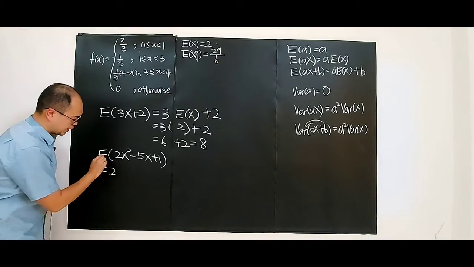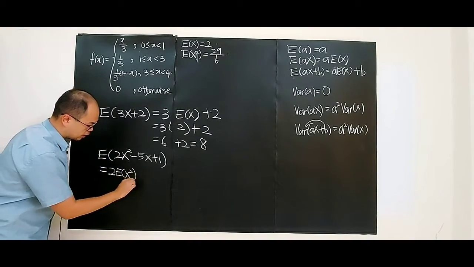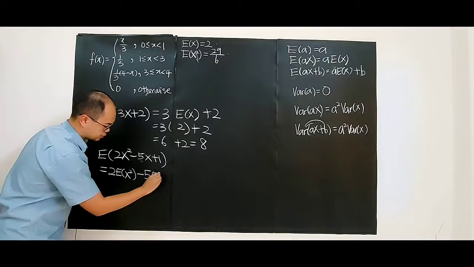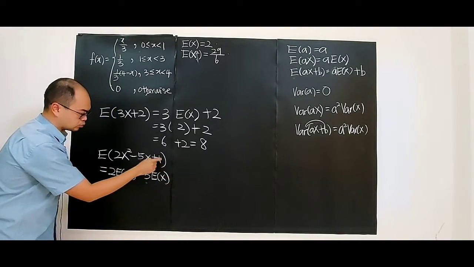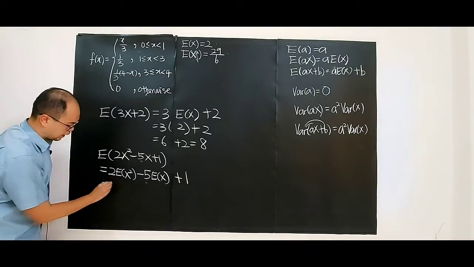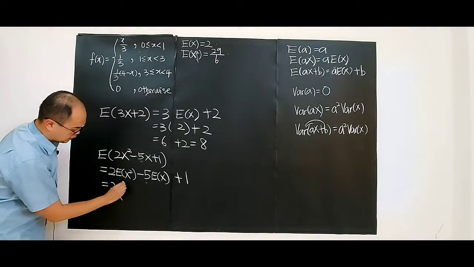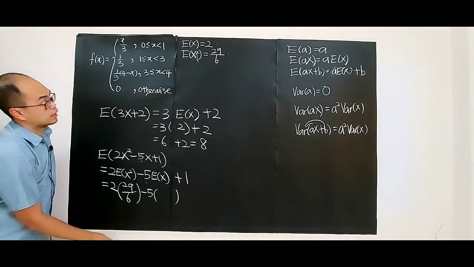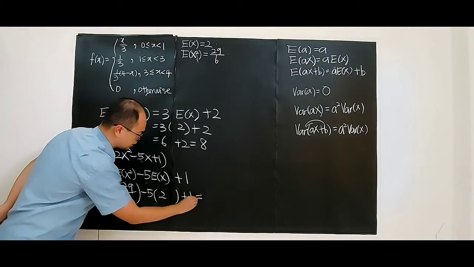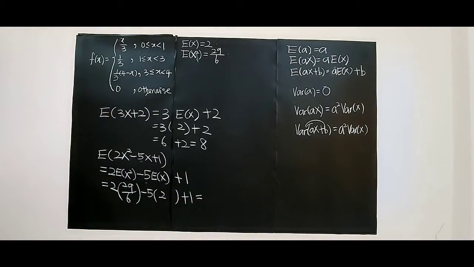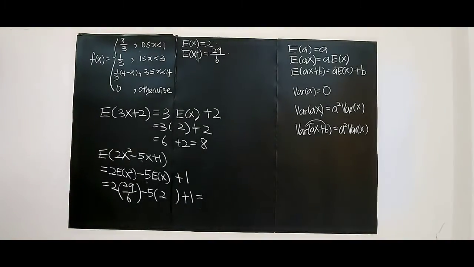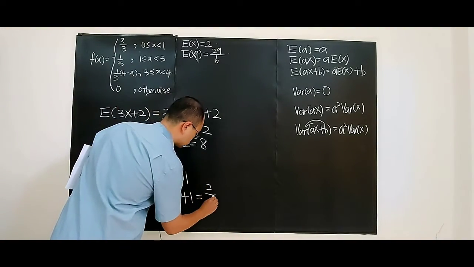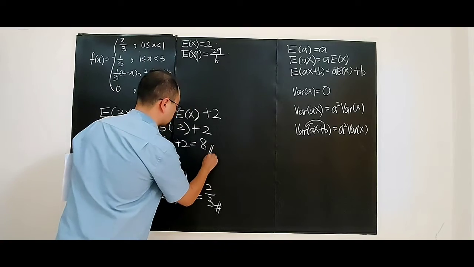You can just take out the 2: 2E(x squared) minus 5E(x). The expectation of the constant 1 is 1. Then you just plug in all the values you found just now: 29 over 6 minus 5 times E(x), which is 2, plus 1. After evaluating, you are getting the expected value for this function, which is 2 over 3. Hope you can understand, right?